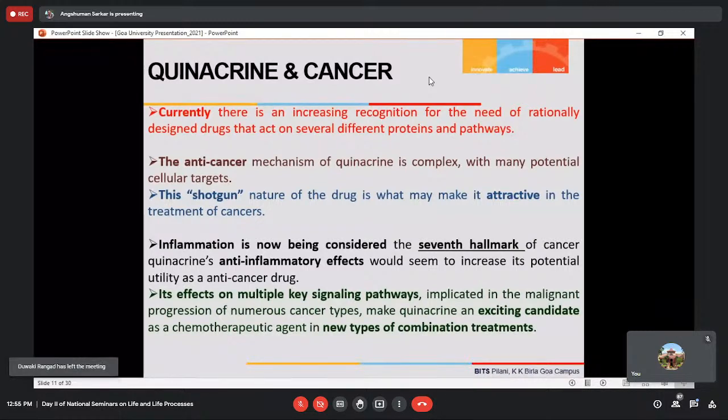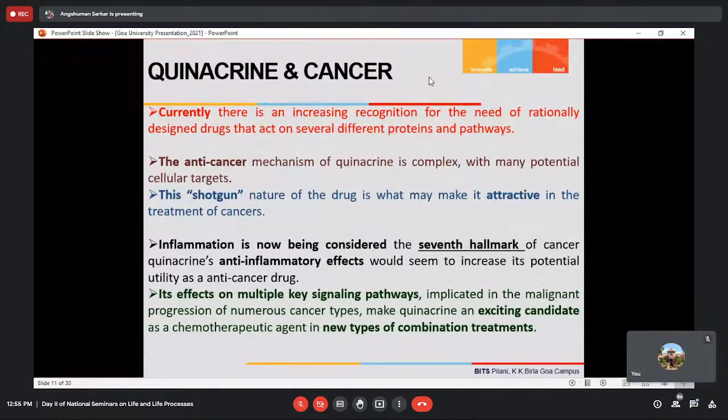One is evasion of apoptosis, another is growth signaling autonomy, then evasion of growth inhibitory signals. The 4th one is invasion and metastasis. The 5th one is unlimited replicative potential. And the 6th one is angiogenesis. Along with that, as per the new model, inflammation is being considered as a 7th hallmark of cancer.